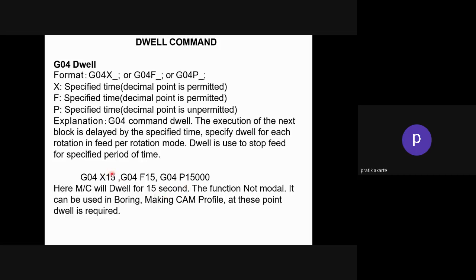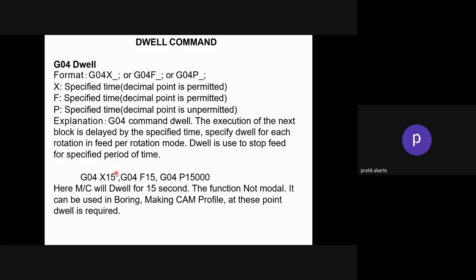So the X coordinate movement is delayed for 15 seconds. With G04 F, feed is delayed for 15 seconds, and with P 5000, it will be delayed for 5 seconds. We'll discuss this when we discuss the thread cutting operation. So hence here the machine dwells for 15 seconds.